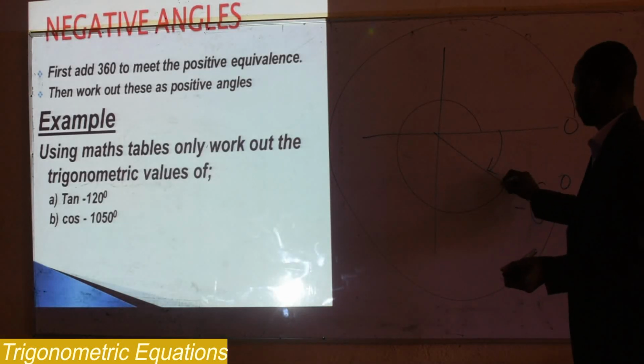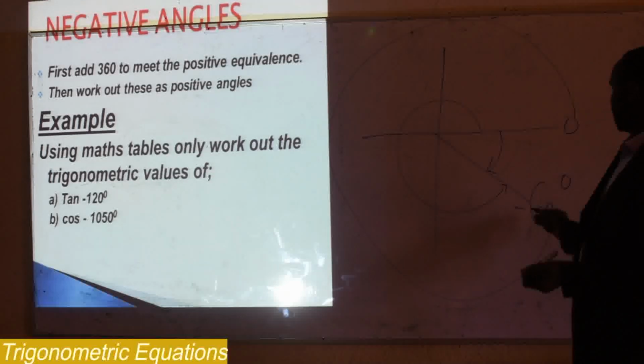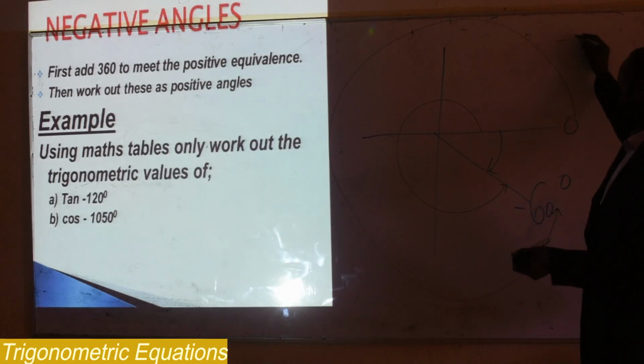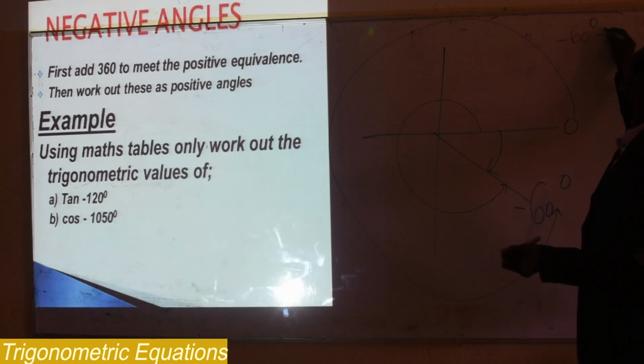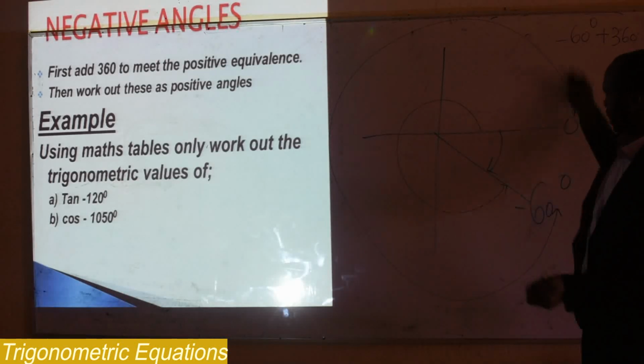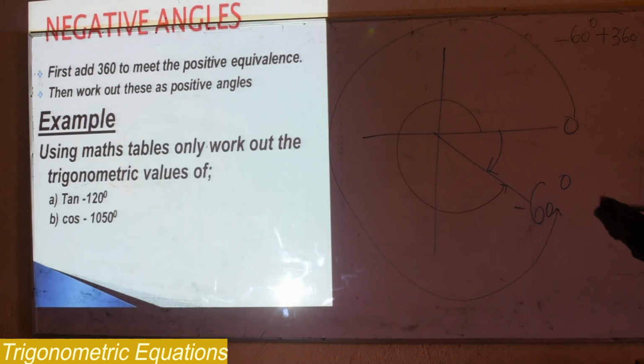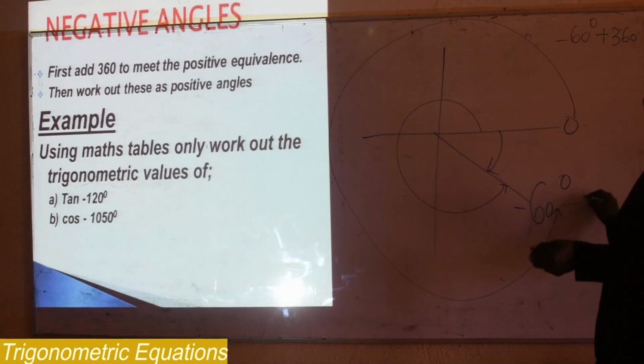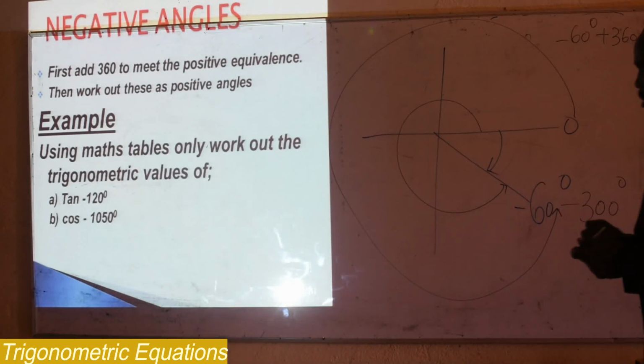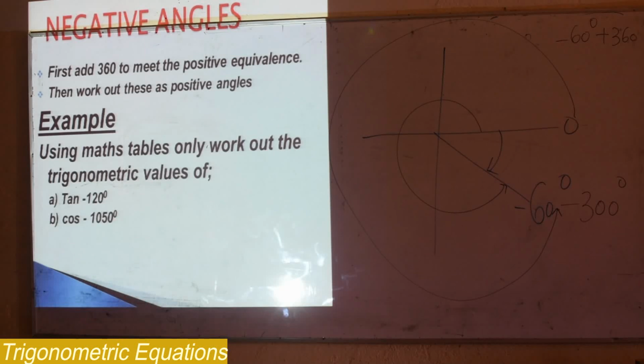You add 360 to negative 60 degrees so that you move in the other direction. So the answer is 300 degrees. The equivalence of negative 60 is 300 degrees, which is in the fourth quadrant. And in the fourth quadrant, cos is positive, tan is negative, sine is negative.